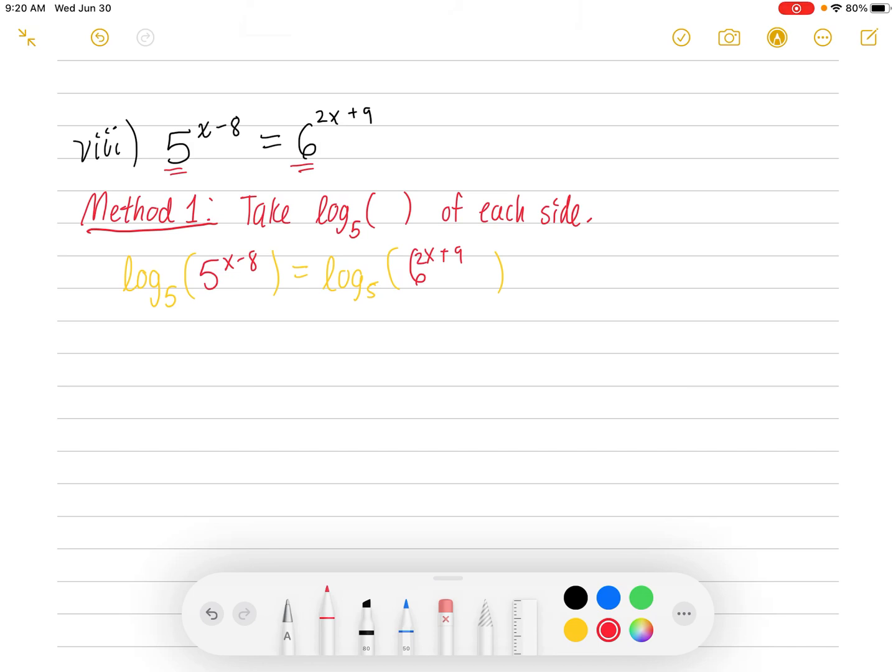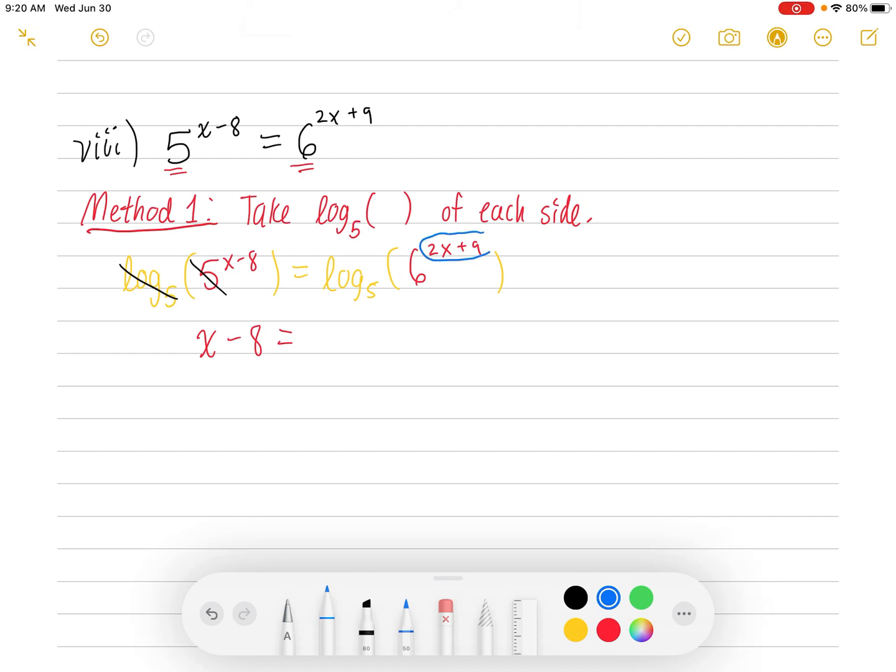I'm going to take the log base 5 of both sides. So I take the log base 5 of 5 to the x minus 8, and I take the log base 5 of 6 to the 2x plus 9.